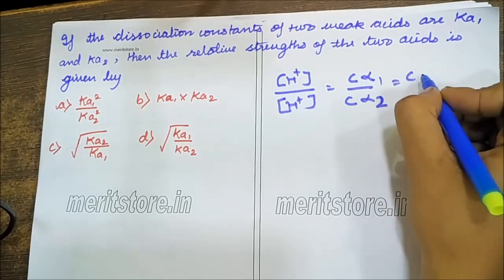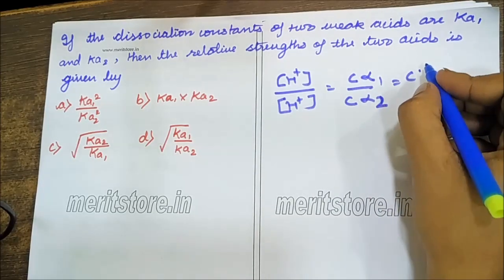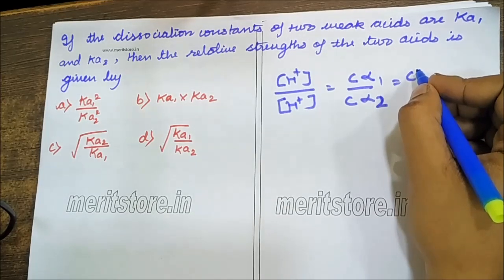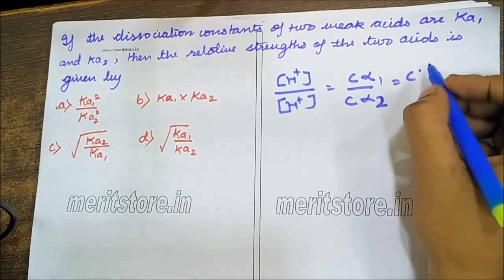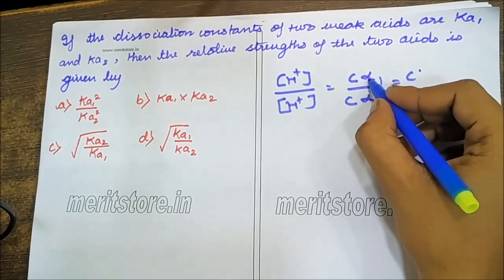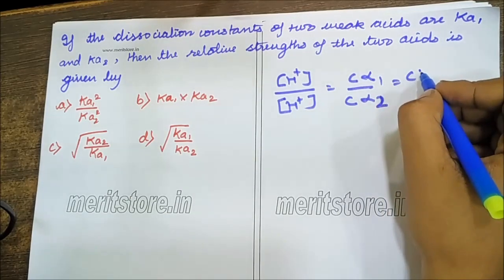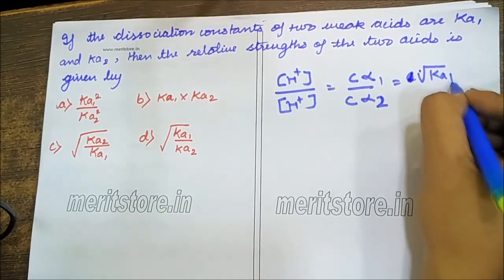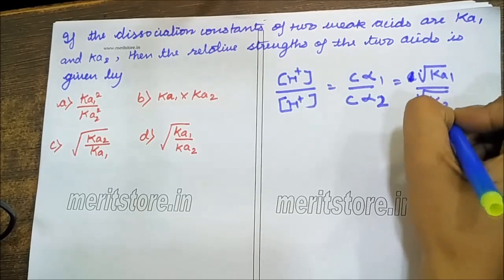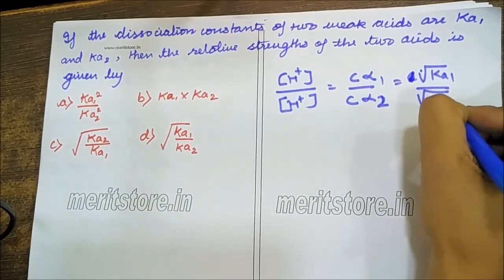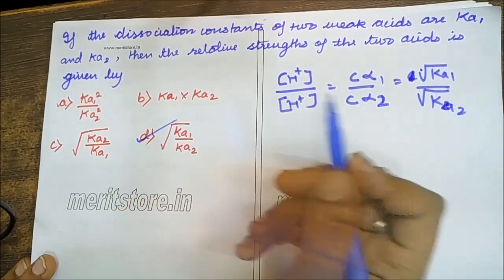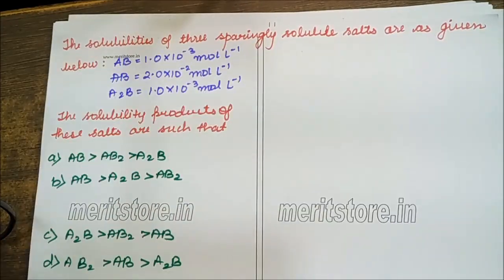Now degree of dissociation on the other hand is root of Ka upon C. So the C and C terms will be cancelled. It is directly proportional to root of Ka. So I can replace this by root of Ka1 upon root of Ka2. So my answer is root of Ka1 upon root of Ka2. This is my correct answer.